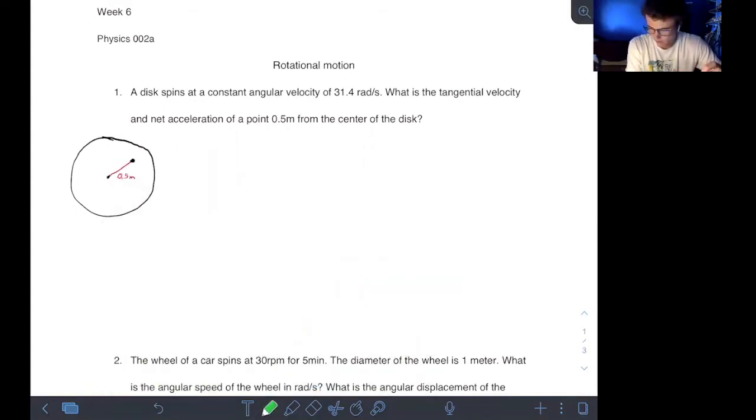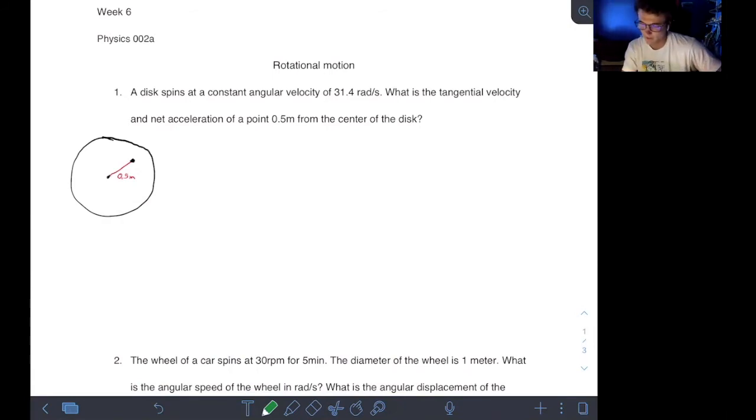So it has an angular velocity, and it gives us the angular velocity. It wants us to find the tangential velocity and the net acceleration.